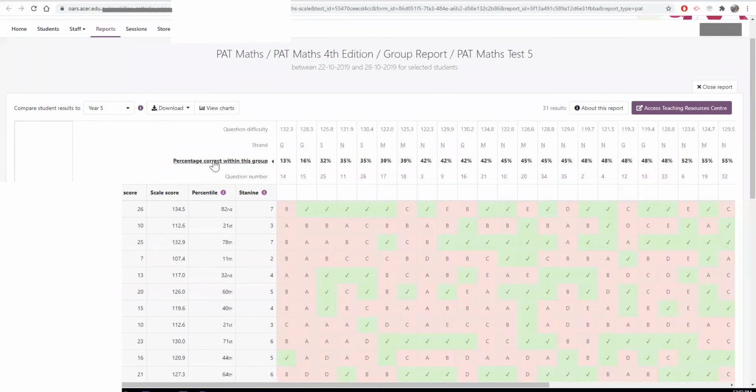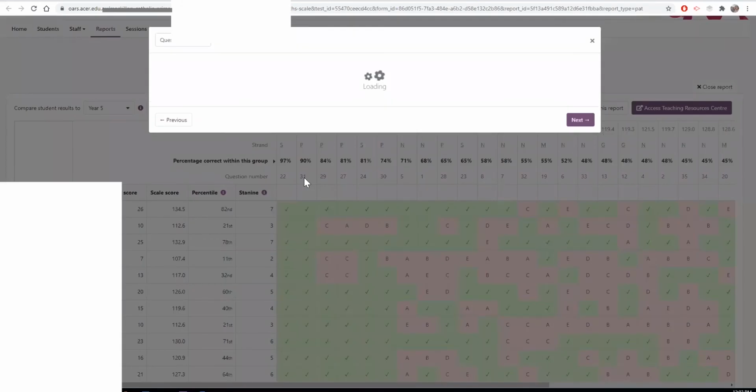On the other hand, I can flip over to the percentage correct within the group and see what I'm doing well and what my students are doing well. So this one's obviously the easiest one, and it's 13 points easier than the next one. Only 1 student got that wrong anyhow. So let's have a look at this one. It's a probability question.